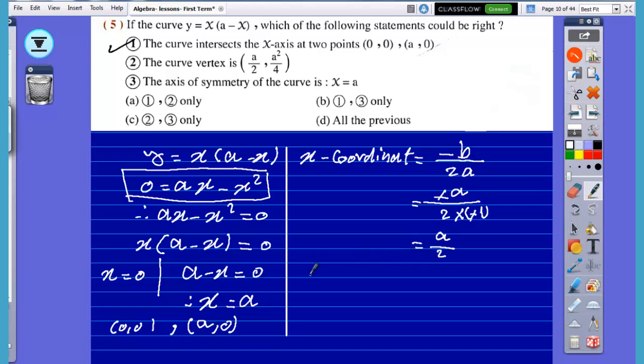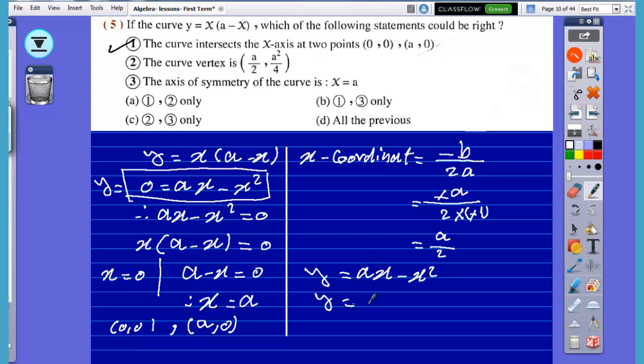Then what is the value of the y coordinate of the vertex? Y equals, substituting x equals a over 2 in the equation of the curve, y equals ax minus x square.